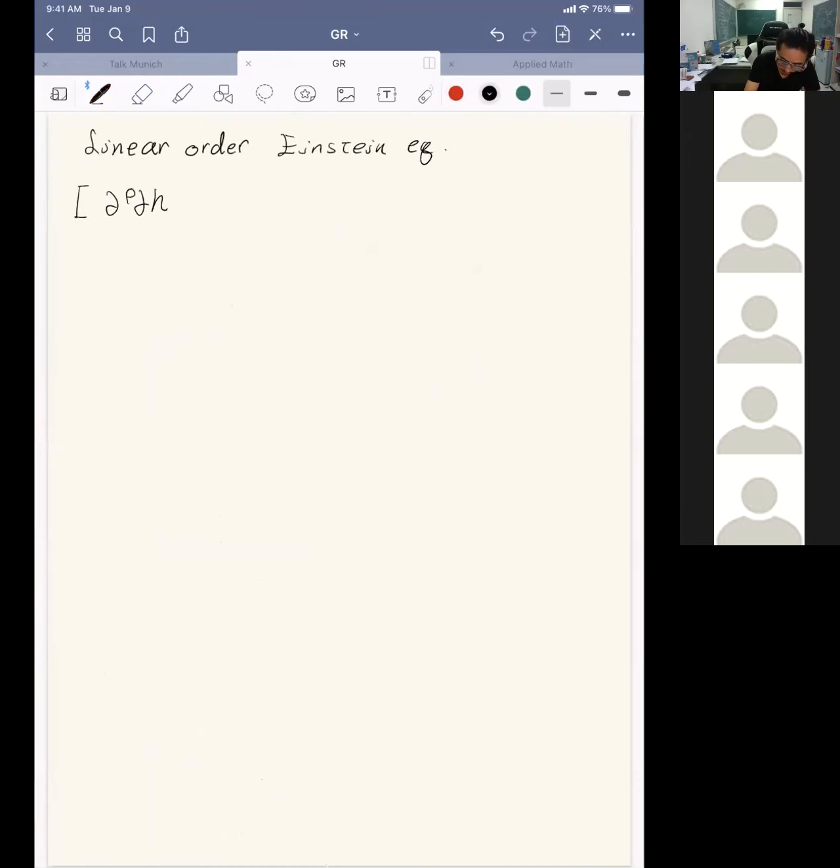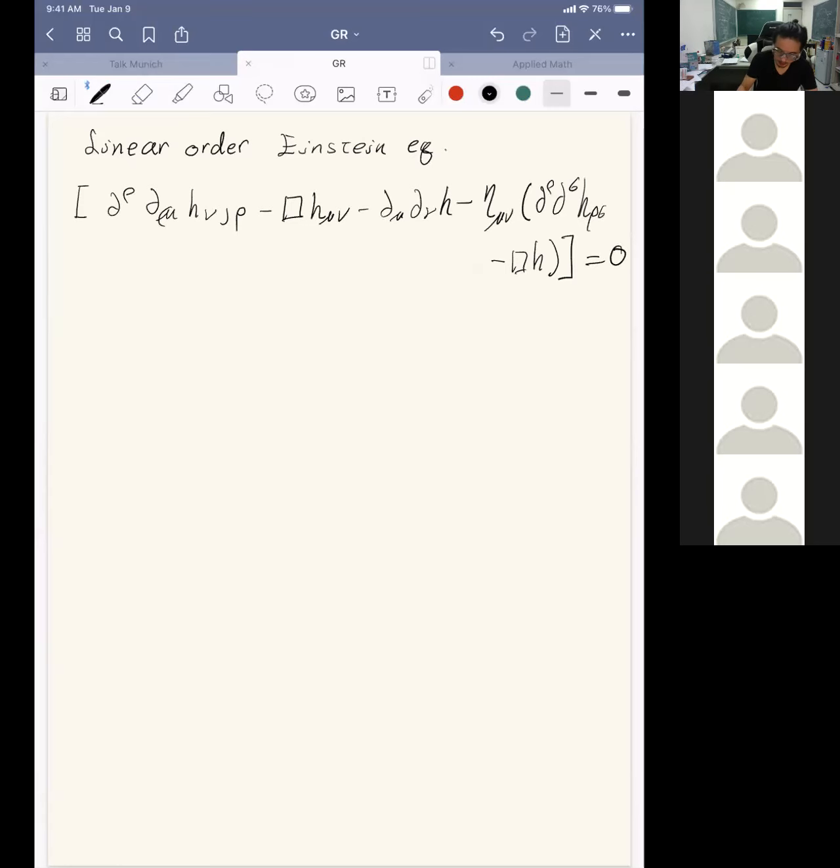Of course, it's two derivatives. And this is equal to 0. So this is your Einstein equation.